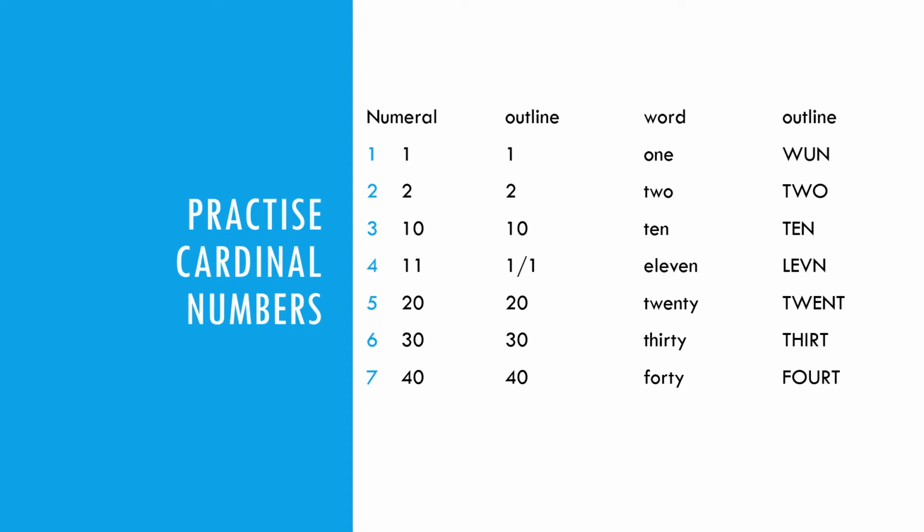Fort. 50. Fifth. And notice I'm not saying fourth, where you're going to get the TH, nor fifth, where you'll get the TH. You're just adding T to the outline.